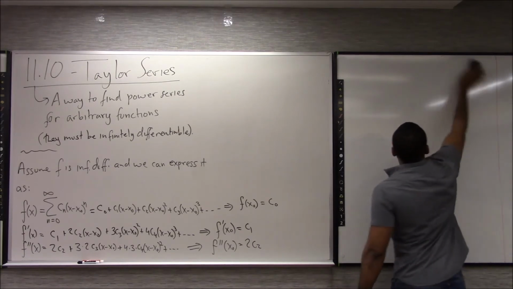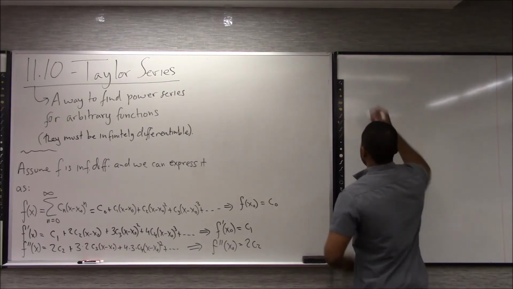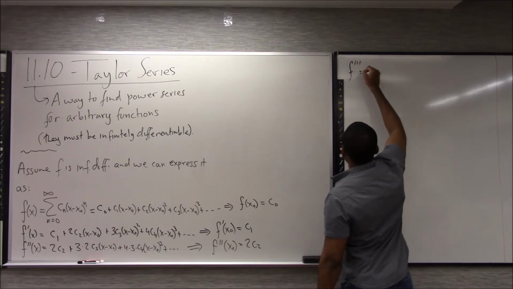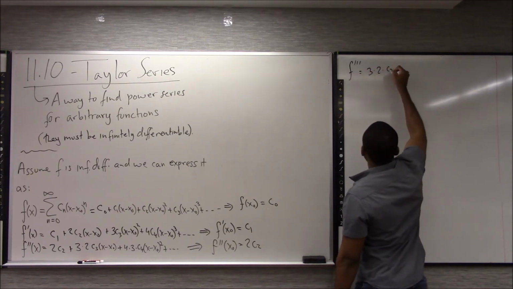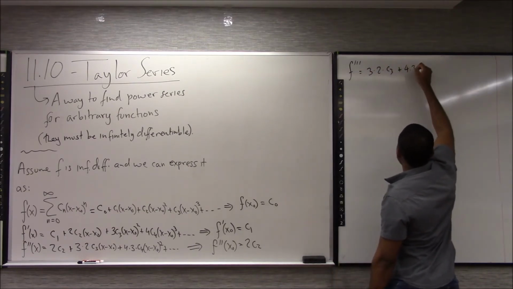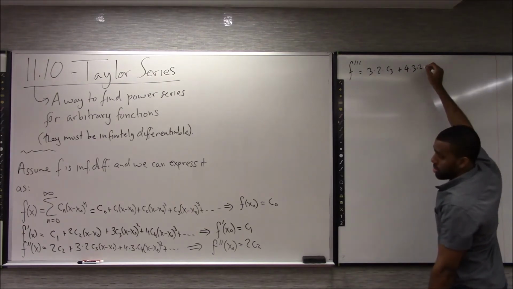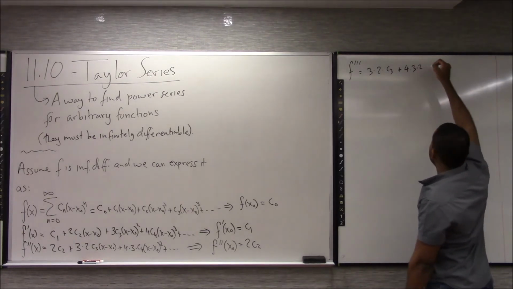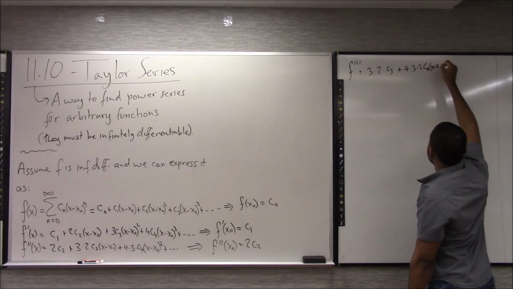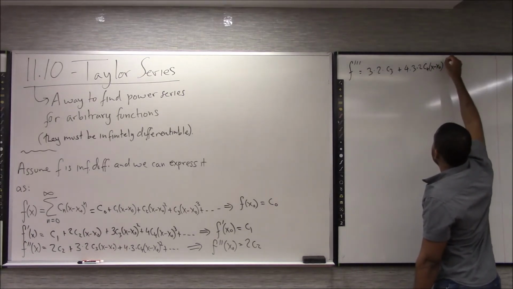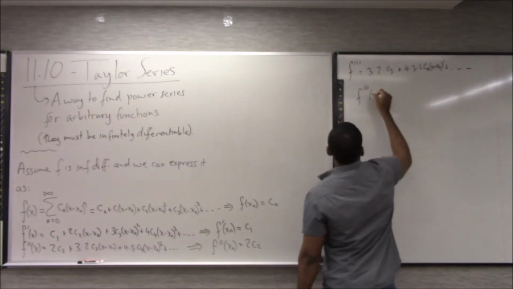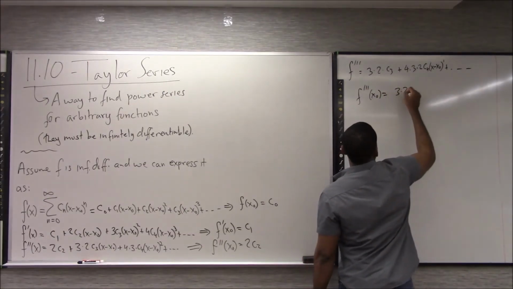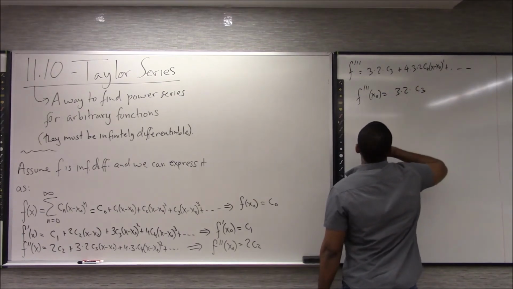So basically we're going to do this until we start to see a pattern for these coefficients. If I take the triple derivative, I would get 3 times 2 times c3 plus 4 times 3 times 2 times c4 (x minus x naught) to the 1 plus and so on. Notice that here the triple prime evaluated at x naught is going to be 3 times 2 c3.